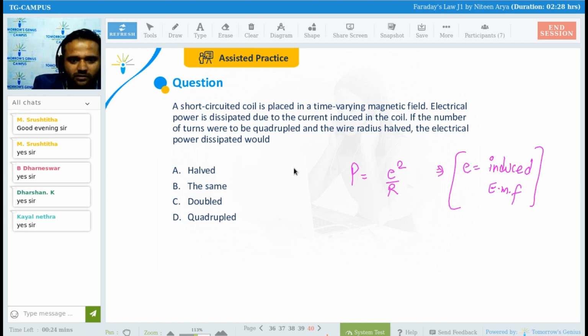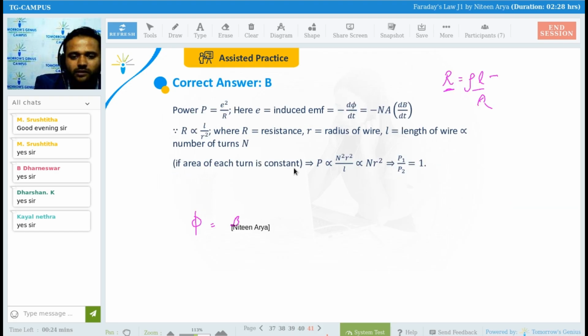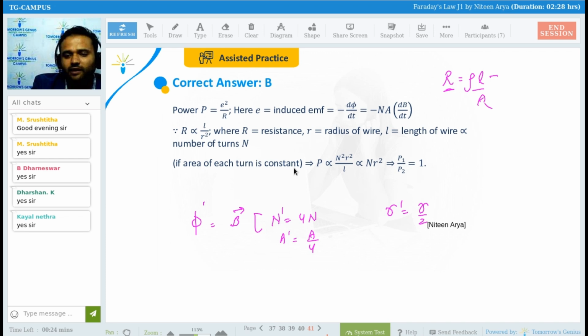Number of turns is going to be 4 times. Magnetic field is the same, na? So here B remains the same. N prime becomes 4N, and area becomes A by 4. Why so? Because the radius R prime is R by 2, and we know area is pi R square for any coil.